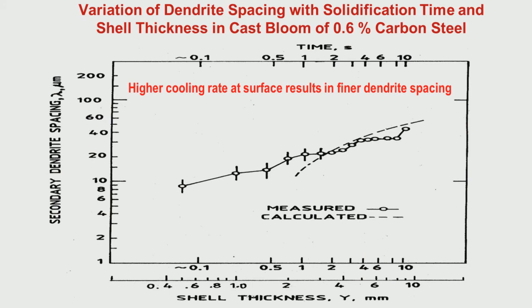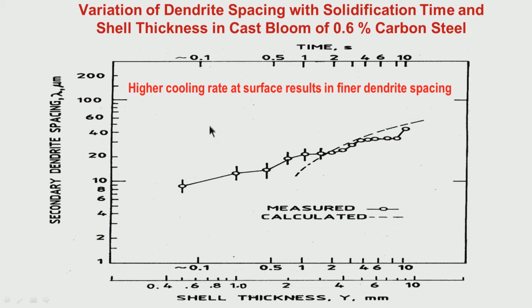Let me discuss another important issue. I have told that with heat transfer, the dendrite size, the size of the cast structures, changes. How does it change? Say you are starting the solidification.